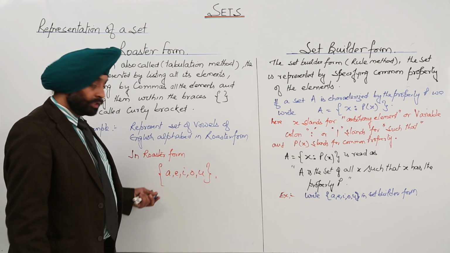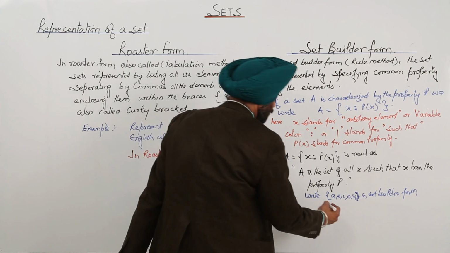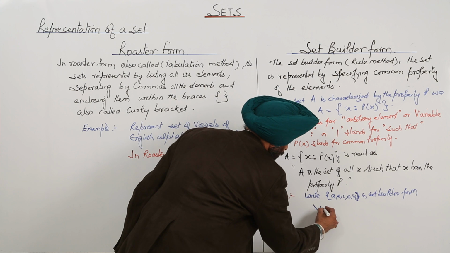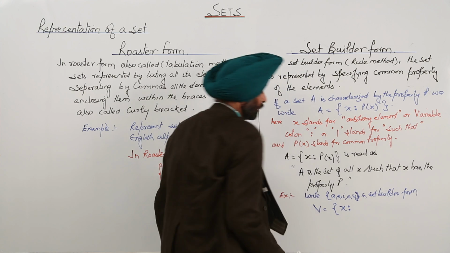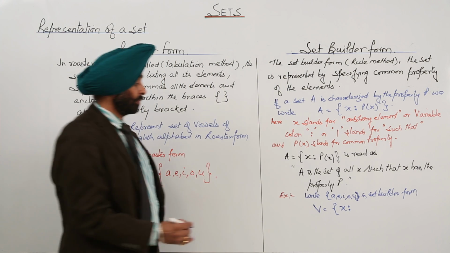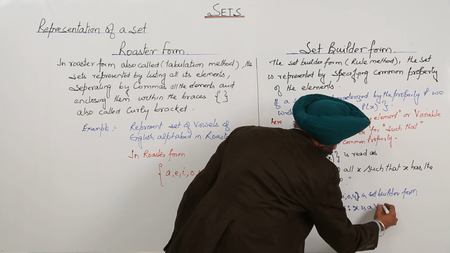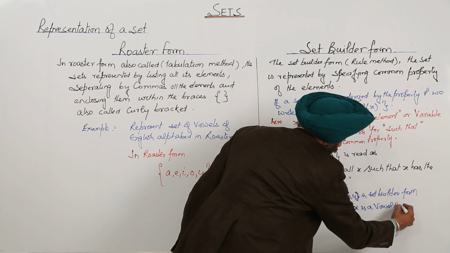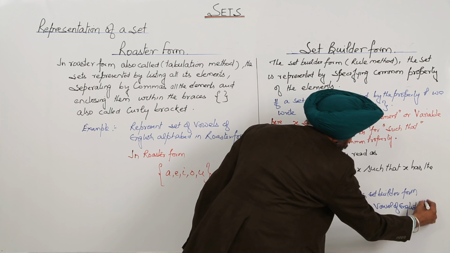Earlier we have written the roster form, now we are writing in the set builder form. So how are we writing? We will be writing V is equal to {x : x is a vowel of English alphabet}.